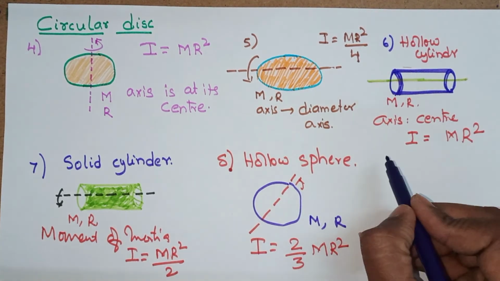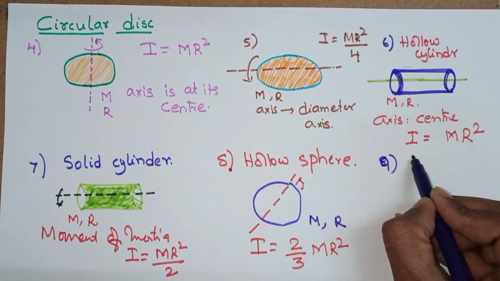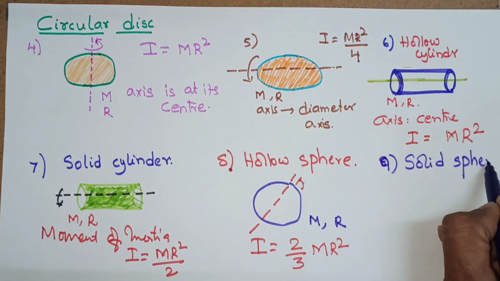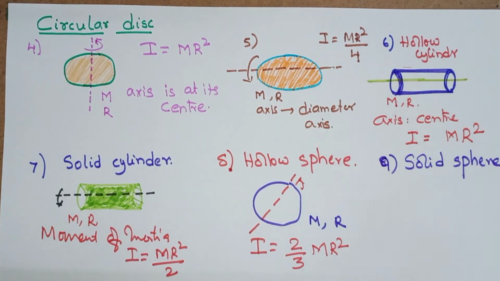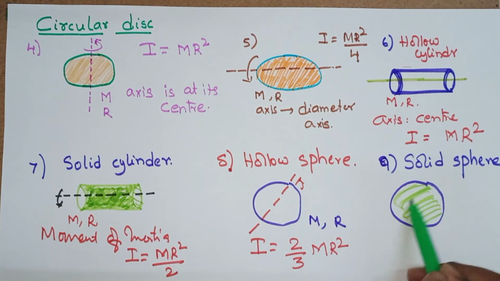Next, solid sphere. What is meant by it? Solid means inside the matter is present, like a cork ball or cricket ball.